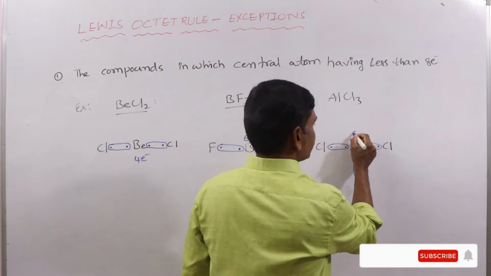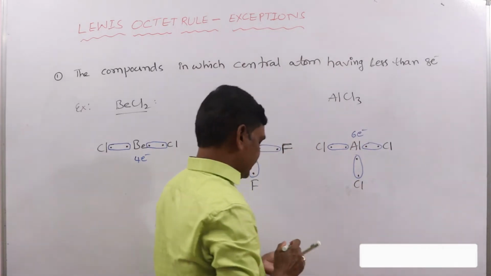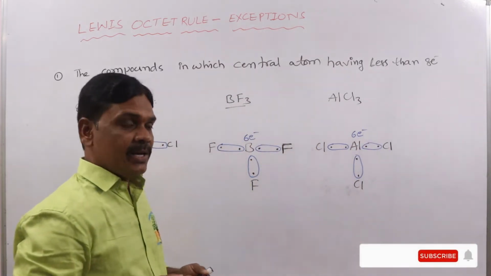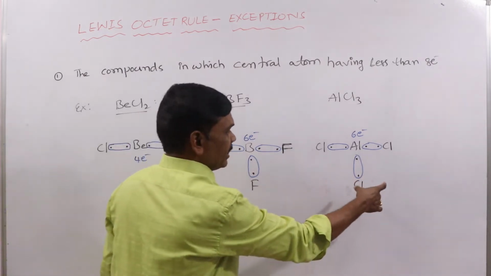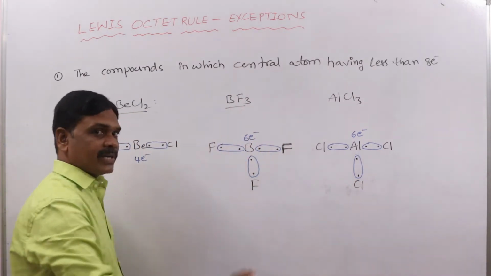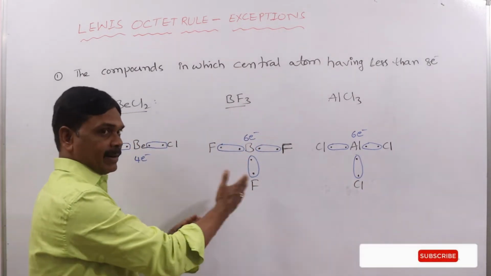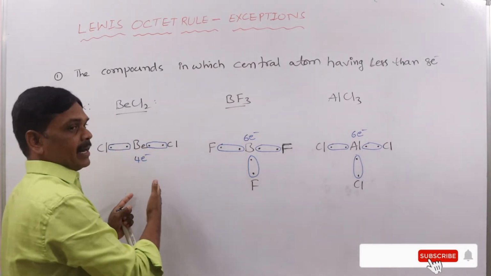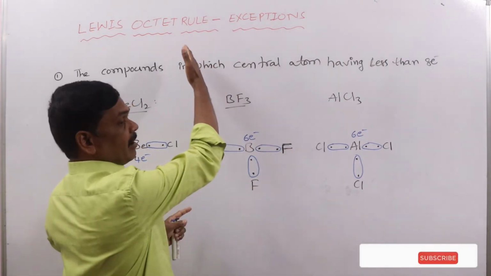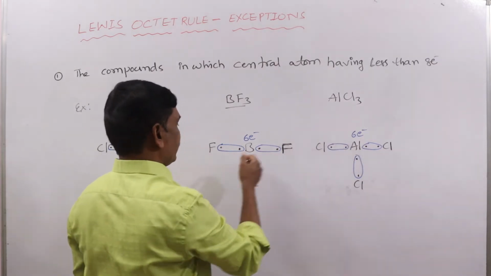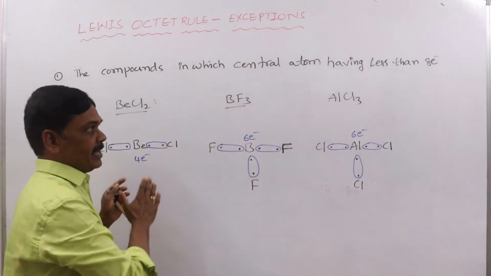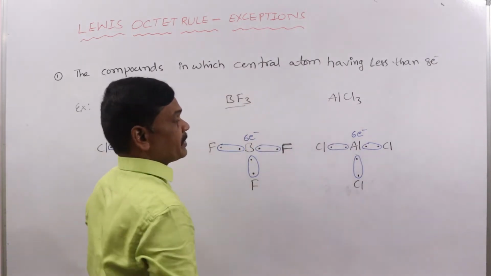So only 6 electrons are present in its outermost or valence shell. So all these molecules, beryllium chloride, boron trifluoride, aluminium chloride, exist. That means they are stable, but they are not satisfying the octet rule, or they are not getting 8 electrons in the formation of all these compounds. So this is the first exception.